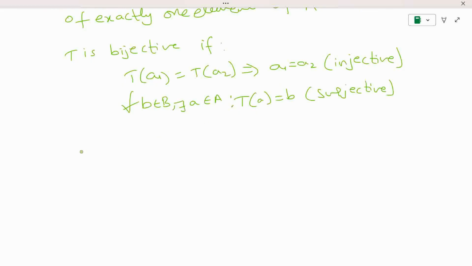This bijective function defines a one-to-one correspondence between elements of A and elements of B.